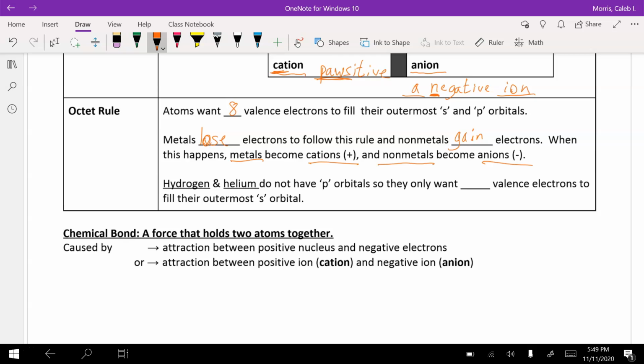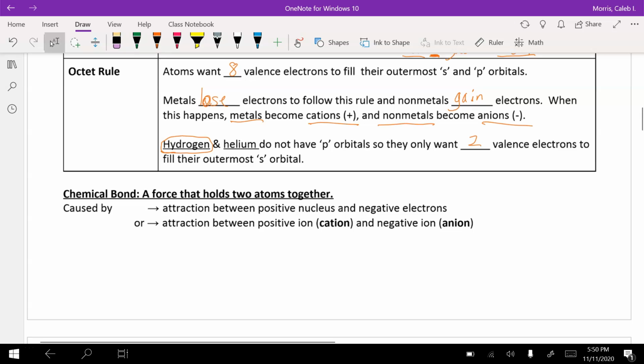Hydrogen and helium are exceptions, and particularly hydrogen, that's the one we want to focus on. It doesn't have a p orbital, so it only wants 2 valence electrons to fill its outermost s orbital, not 8. But pretty much everything else, at least for now, wants 8 valence electrons. We'll get into a couple more exceptions in the next unit.